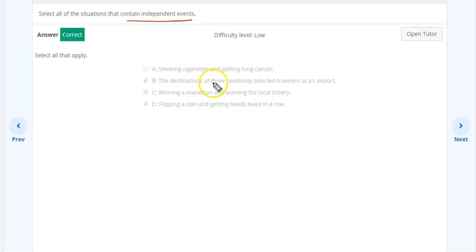The destination of 3 randomly selected travelers at an airport. Well, as long as they're not on the same plane, these would be independent events. So we check that one. Winning a marathon and winning a local lottery. These would be independent events.